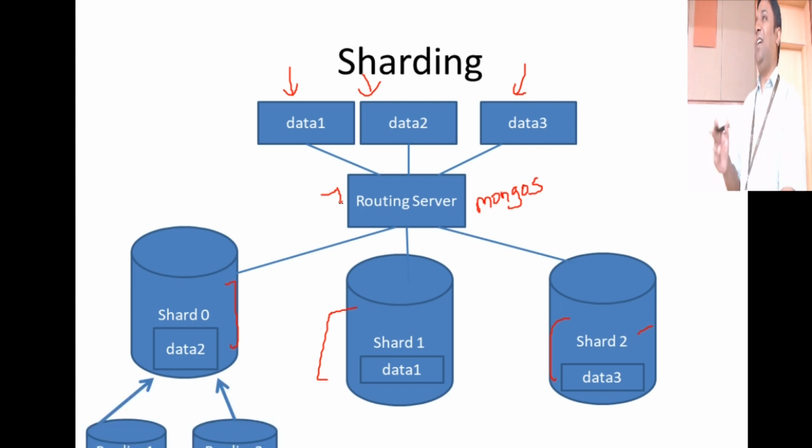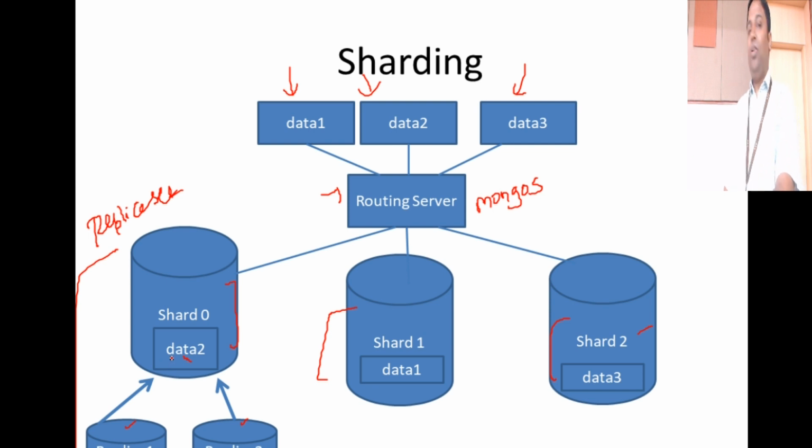Again, each shard can have replication. So you have data 2 here, this data 2, replica server 1, replica server 2. These three things become a replica set that we have just now learned. Why do we go in for this? If the server fails, we lose data 2, right? So we go in with replication of data 2 into other servers.